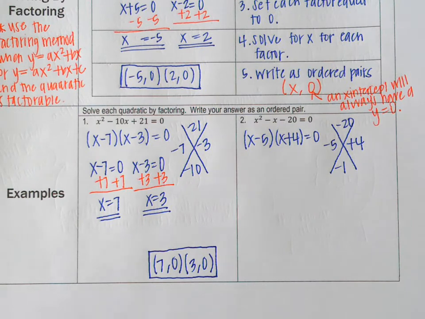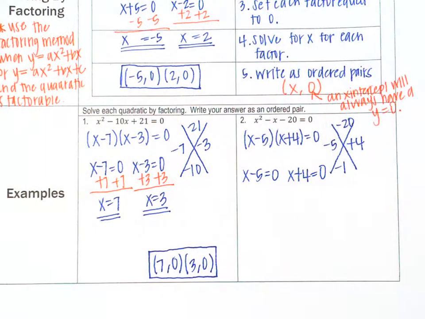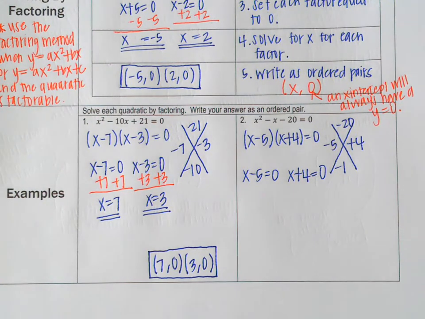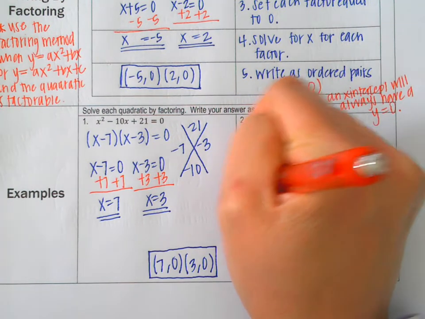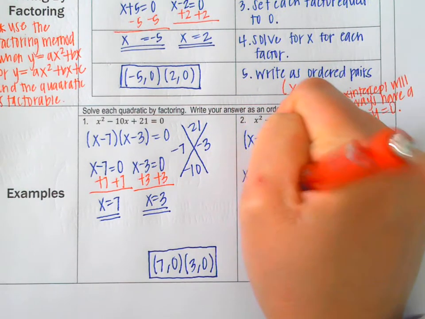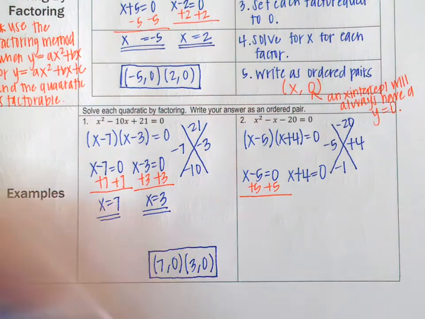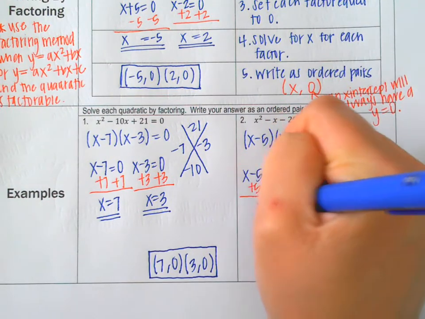Now my next step is to set each factor equal to 0. And just like that, it's done. So I set each factor equal to 0, and now I'm going to solve for x for each factor. That means I'm going to add 5 to both sides. I get x is equal to 5.